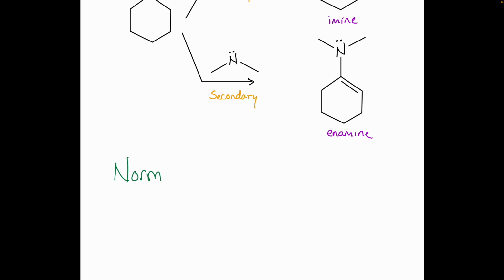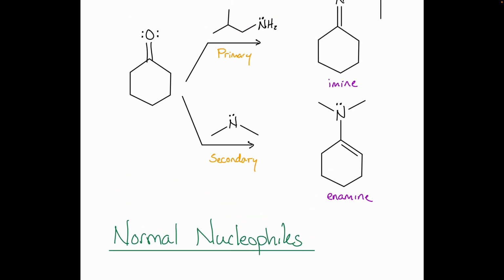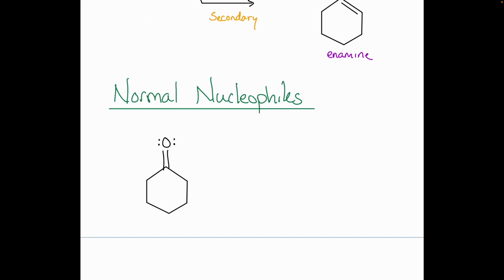All right, let's just do an example here so we can see how this differs. All the other nucleophiles in the world behave in a much more simple manner where we take, in this case we'll use this same ketone, we add in that nucleophile.